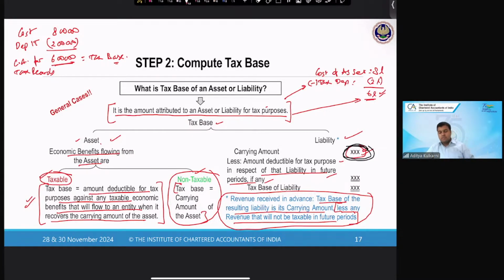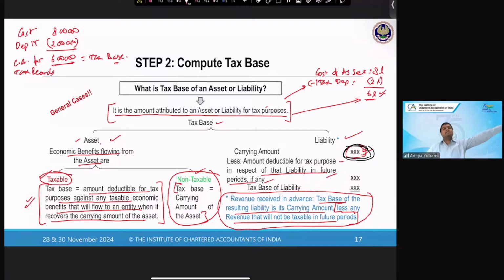Yes. So I can use this machine, get economic benefits. Those economic benefits are taxable. Then the tax base will be the amount deductible for tax purposes against any taxable economic benefits that will flow to an entity.